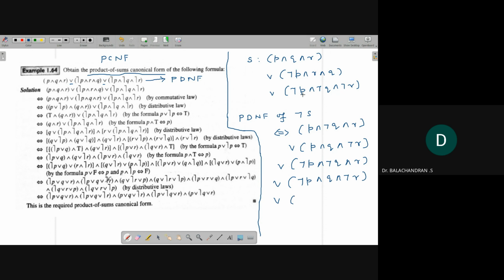I think negation P and negation Q. Next, one more element, P and negation Q and negation R. So these are all the PDNF of negation S.